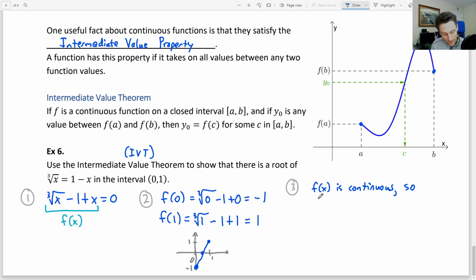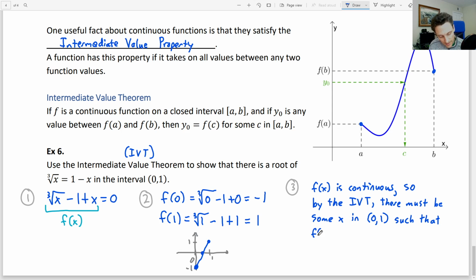So, by the intermediate value theorem, we use the abbreviation IVT, there must be some x in the interval from 0 to 1 such that f of x is equal to 0.